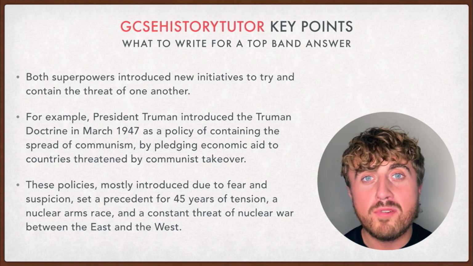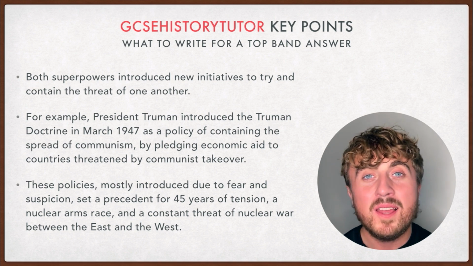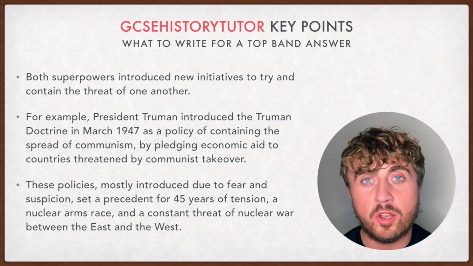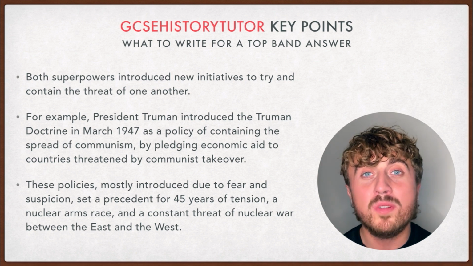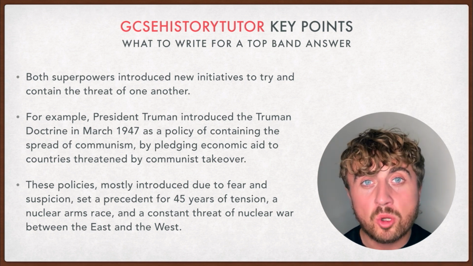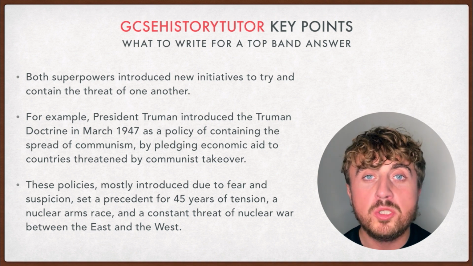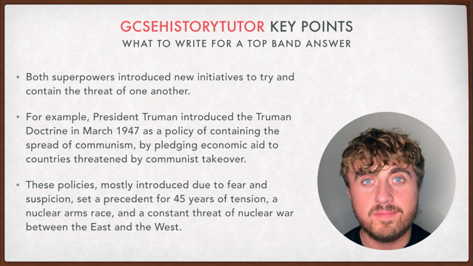For example, President Truman introduced the Truman Doctrine in March 1947 as a policy of containing the spread of communism by pledging economic aid to countries threatened by communist takeover. These policies, mostly introduced due to fear and suspicion, set a precedent for 45 years of tension, a nuclear arms race, and a constant threat of nuclear war between the East and the West.